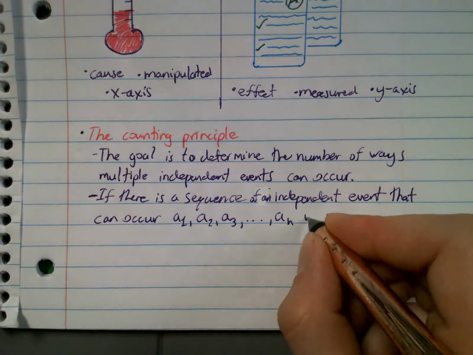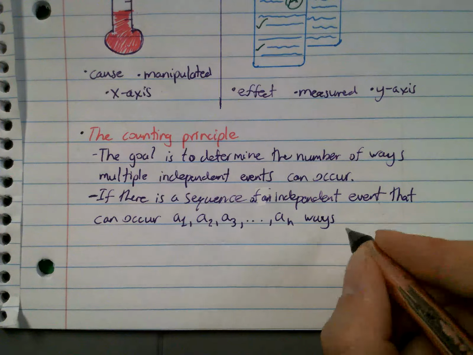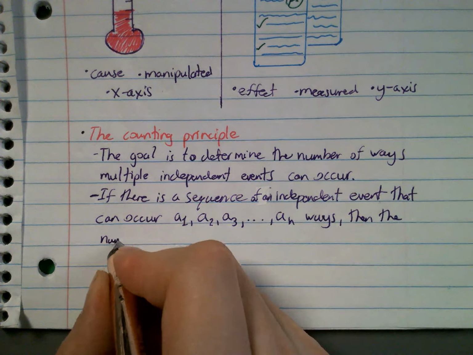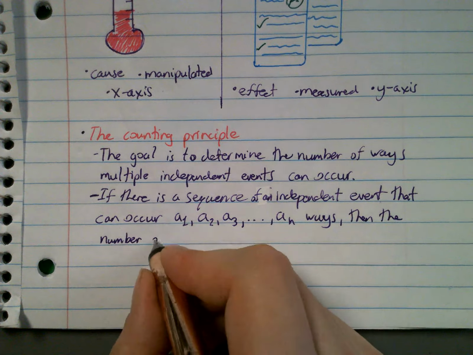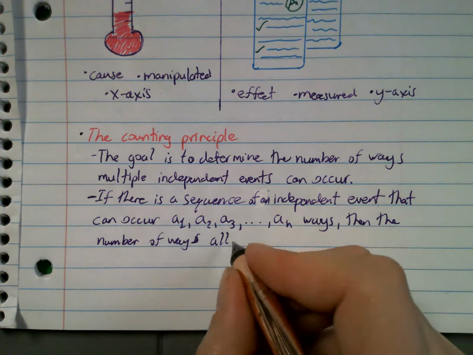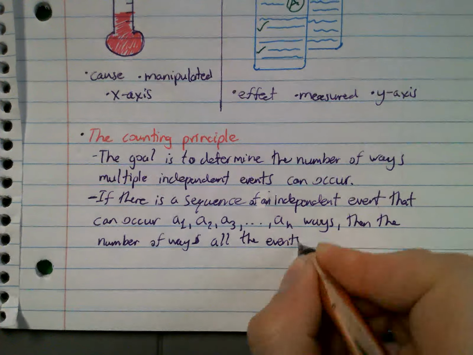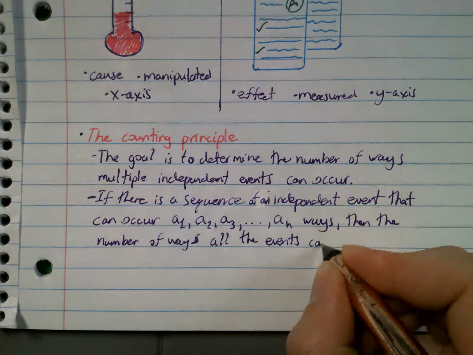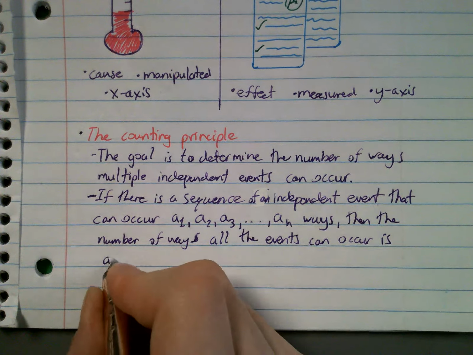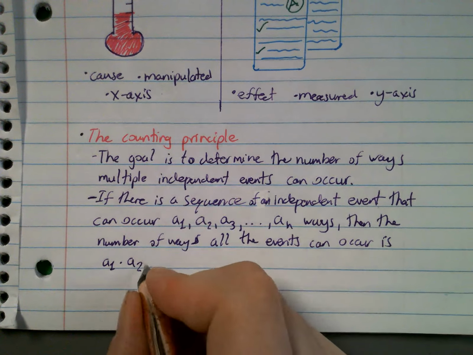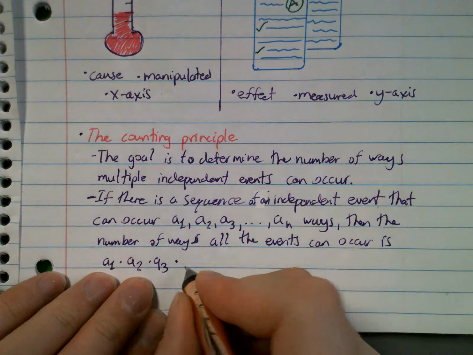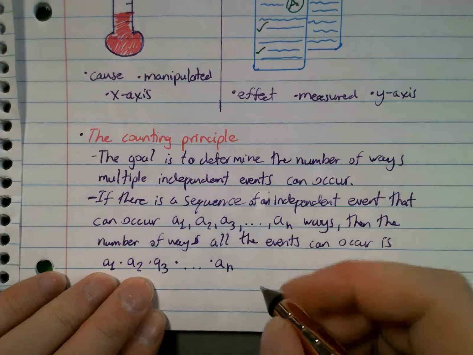Then the number of ways all the events can occur is a sub 1 times a sub 2 times a sub 3 times ... times again a sub n.